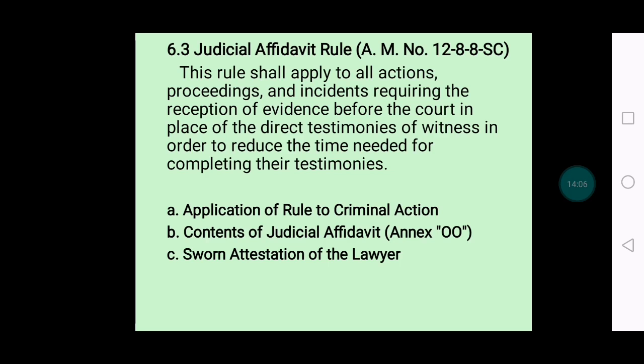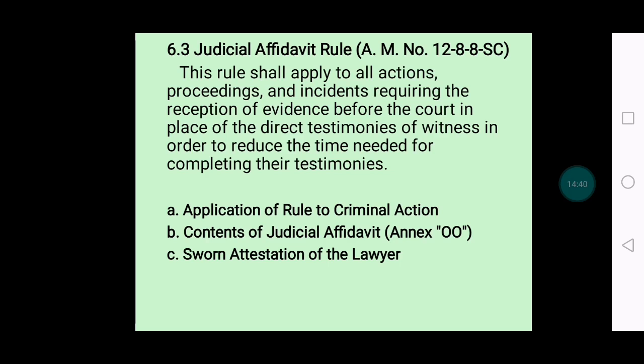Next is the sworn attestation of the lawyer. The judicial affidavit shall contain a sworn attestation at the end, executed by the lawyer who conducted or supervised the examination of the witness, to the effect that he/she faithfully recorded or caused to be recorded the questions he/she asked and the corresponding answers that the witness gave.